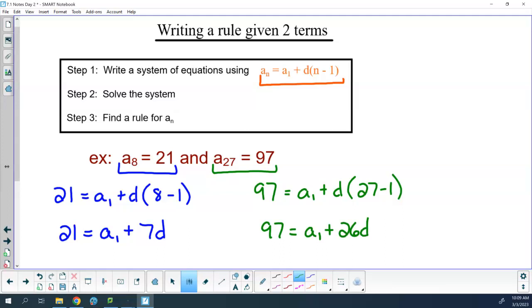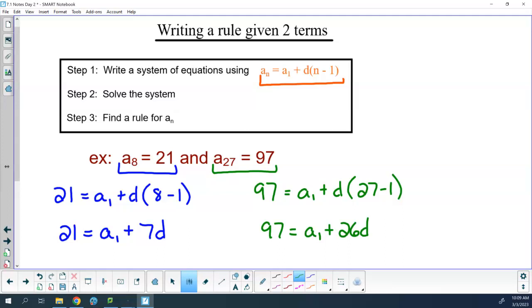With me so far? Step 2: now I've got a system, two equations with two things to find, d and my first term. So I can solve that system.